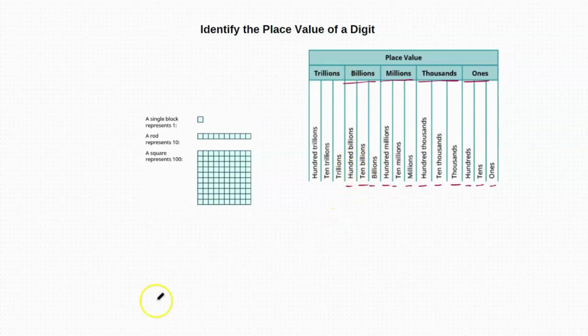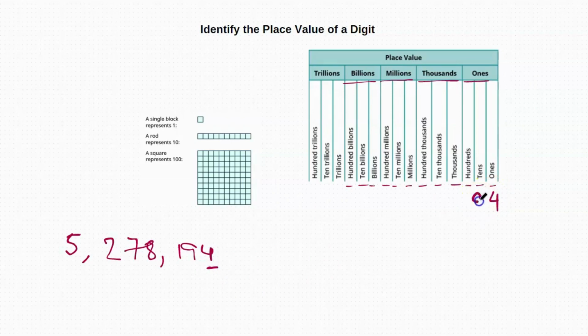Now let's look at an example. We want to see how the number 5,278,194 is written in a place value chart. We'll start with the right-hand digit 4 and place it over here.